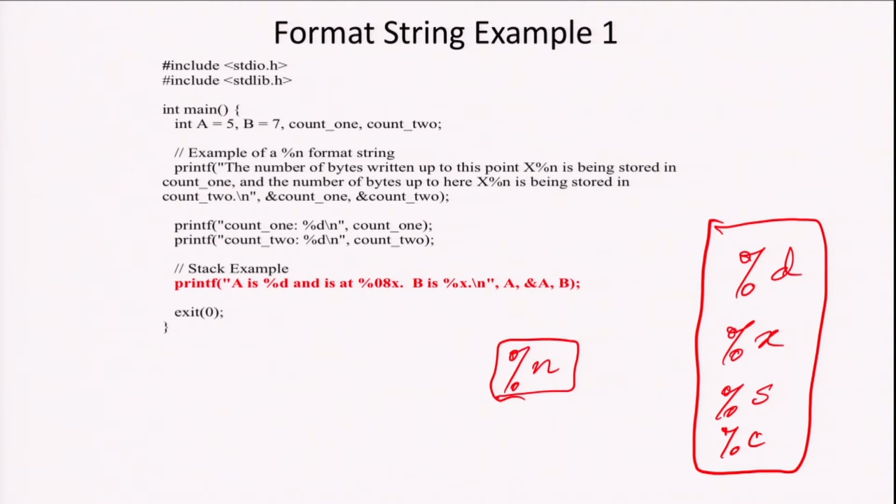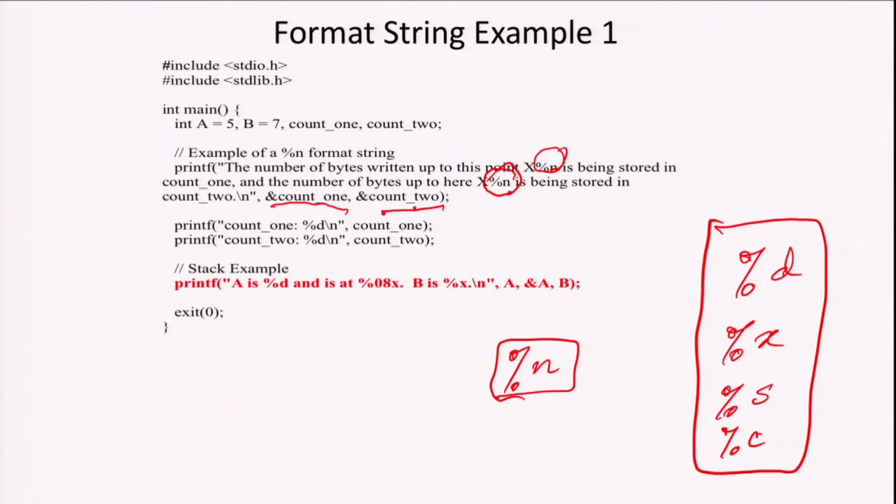For example, count1 is the variable to which this %n refers, and count2 is the variable into which this %n value will correspondingly be put.